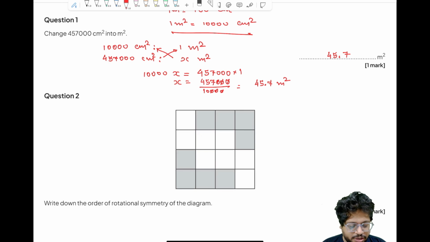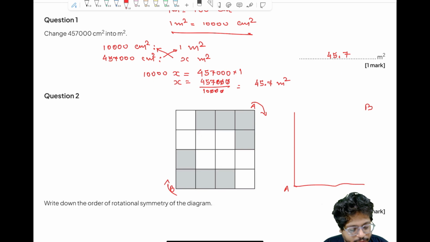See the second one. Write down the order of rotational symmetry of the diagram. Rotational symmetry is about after rotating it by how many degrees you get the same figure, right? So if you rotate it clockwise by 180 degree, let's say this end is A and this end is B, so this A will come here and B will go here, but still the figure will be exactly identical. If I draw it here, it will be somewhat like this.